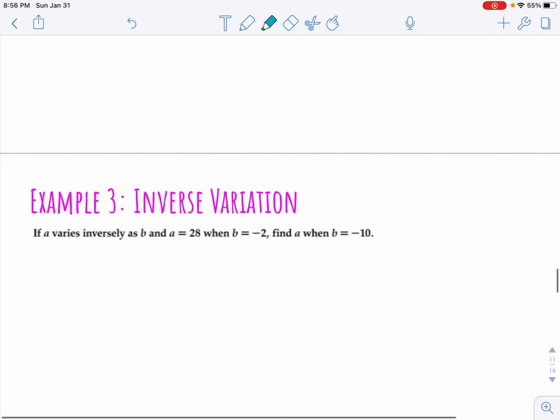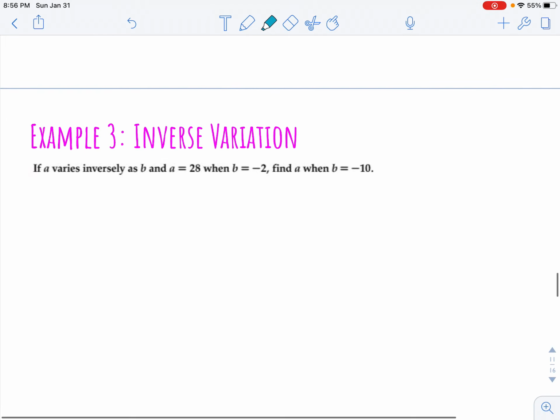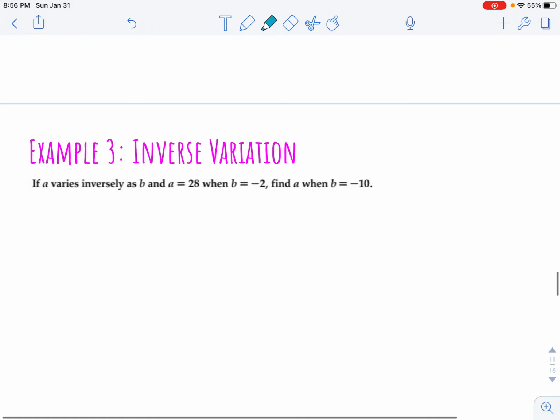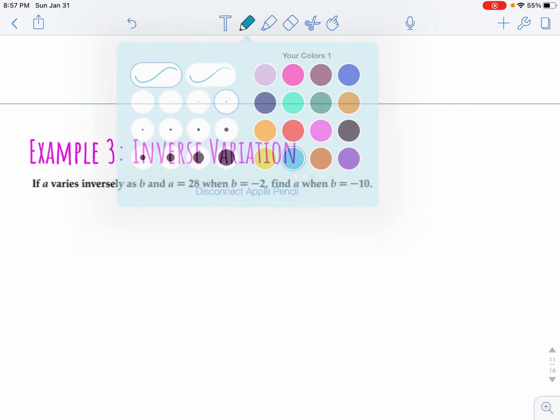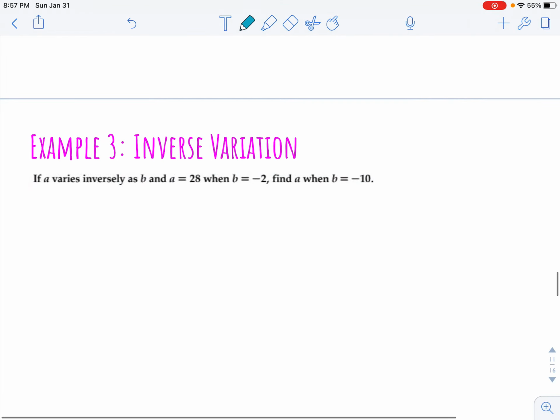So your inverse variation here: if a varies inversely as b and a equals 28 when b equals -2, find a when b equals -10. So we have a1 over b2 is equal to a2 over b1 for our inverses.